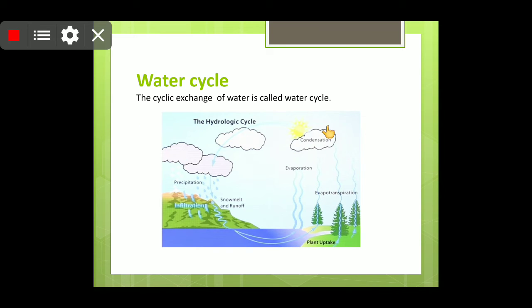When they gather and the water droplets become heavier, it will come down in the form of rain. Depending on the weather it may also come back on the land in the form of snow or hail. So this is precipitation, when the clouds fall in the form of snow, hail or rain.